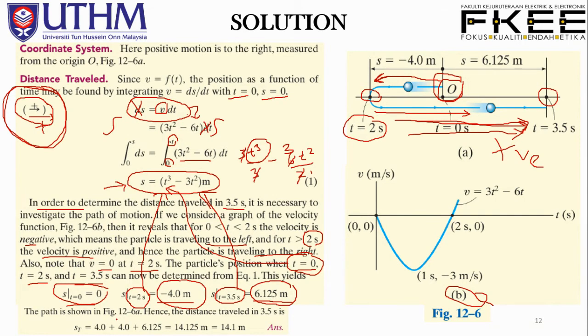Then altogether, the total distance traveled by this particle is equal to 4 plus 4 plus 6.125, regardless of the negative sign, because the negative sign shows you the direction of the particle, so it's moving to the left, but still the particle is traveling a certain distance.